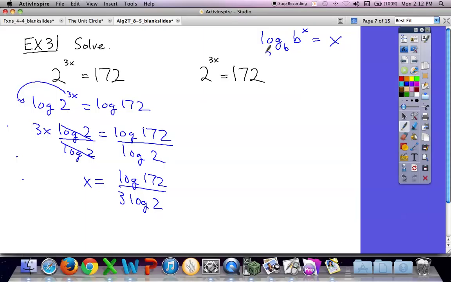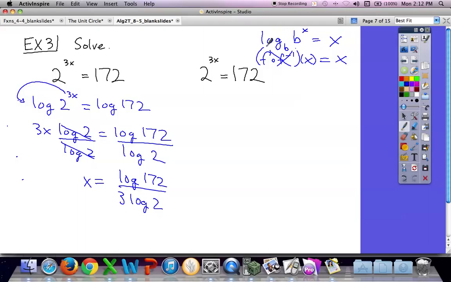That is like doing f of f inverse. When you match these bases, they cancel each other out, and all you get is what was in the parentheses. So when I take log base b of b to the x, this exponent is the answer. These cancel each other out.